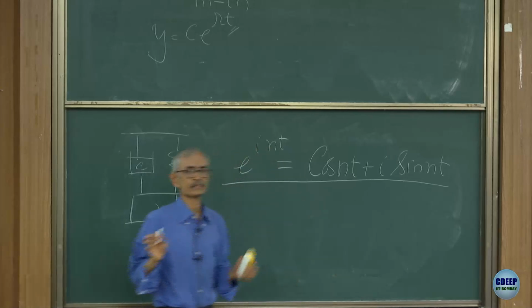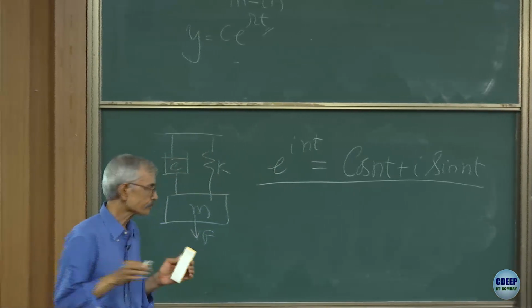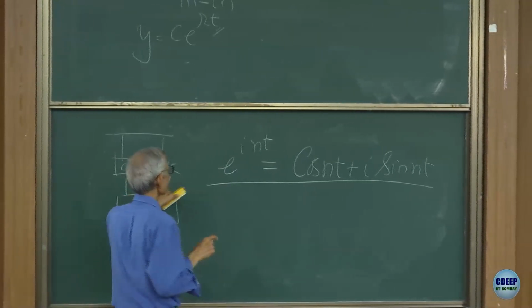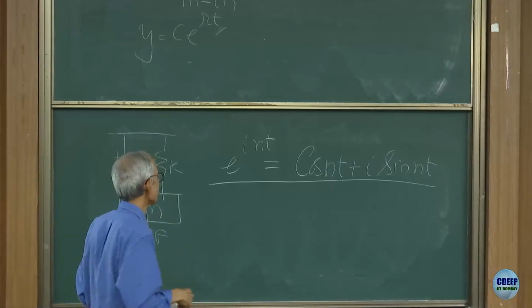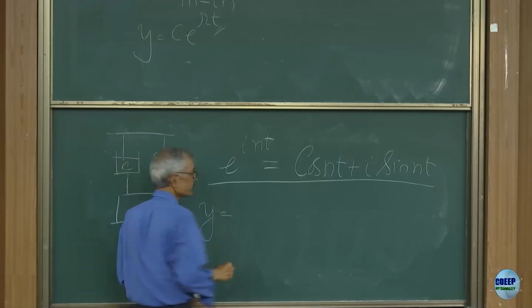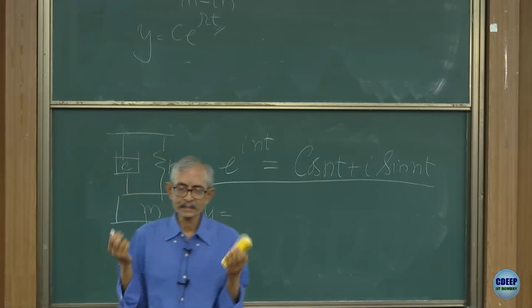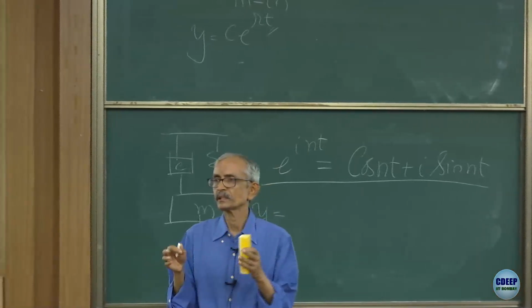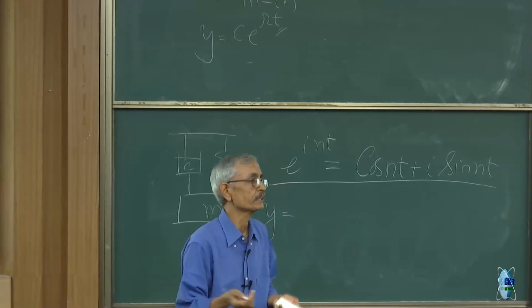Now we have got these two roots, e to the power of m plus int, and e to the power of m minus int. Let me say that the solution is now a linear combination. I'm not going to take the roots the way they are coming out, I'm going to consider a linear combination.